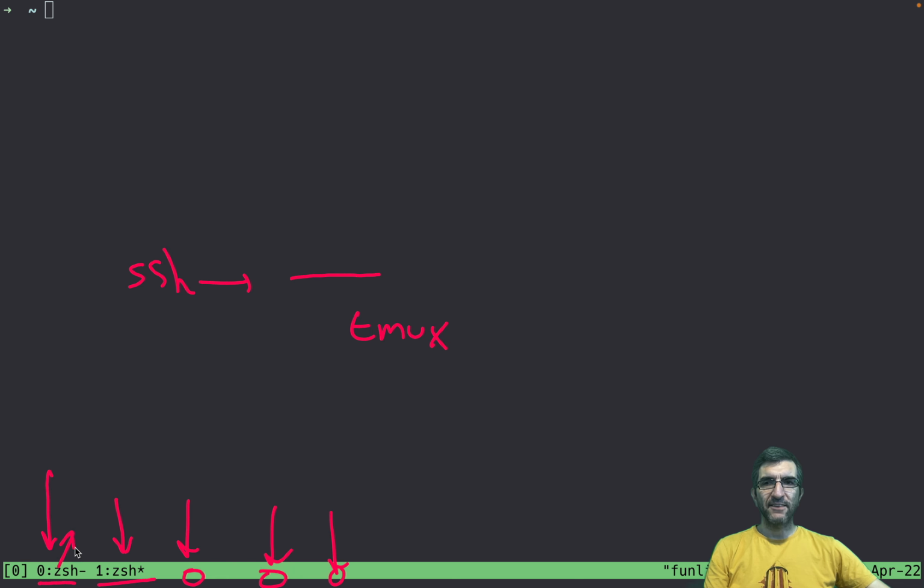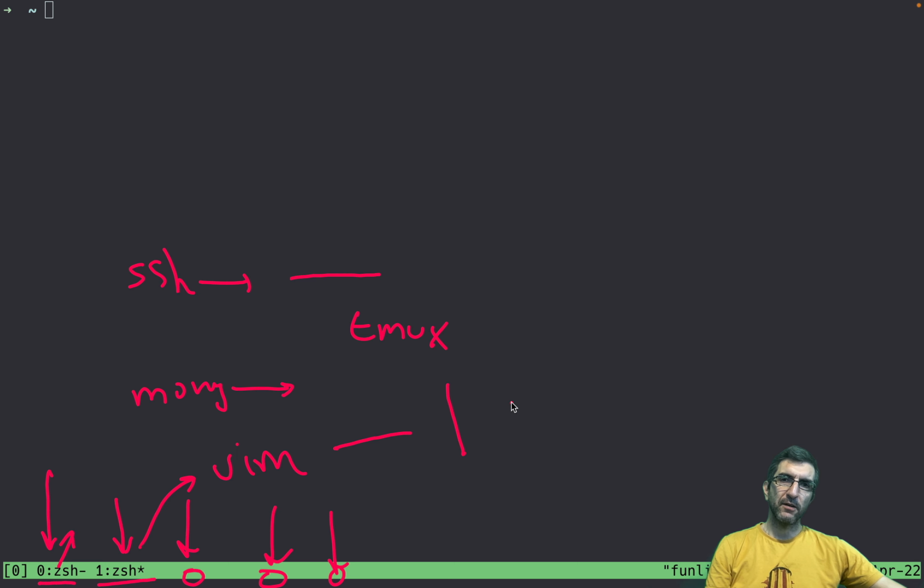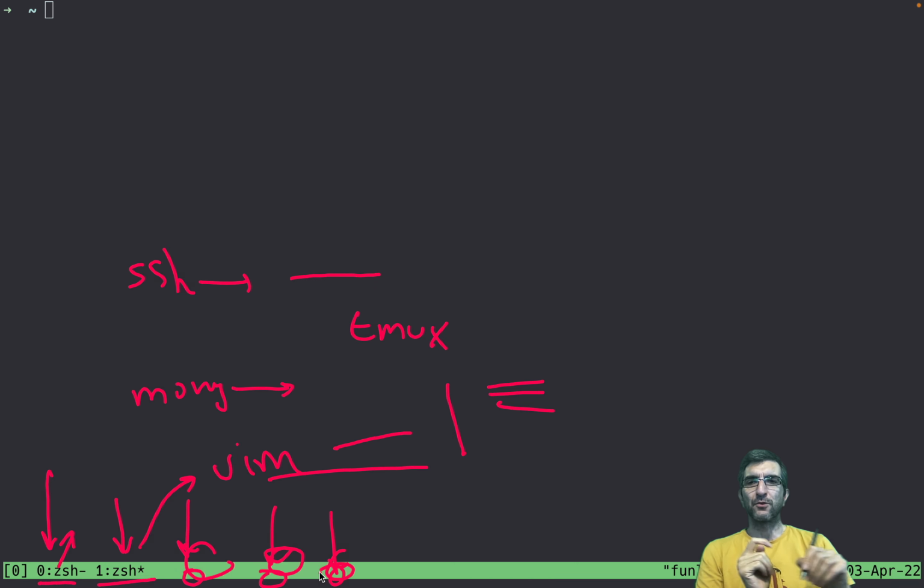From one, you can SSH to the MongoDB machine and enter MongoDB. From another, you can have a Vim session, editing the source file, split the window, run it here, and have it edited here. On the other one, another machine, and another machine.